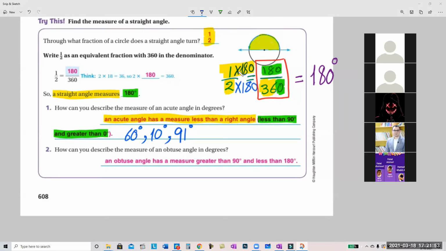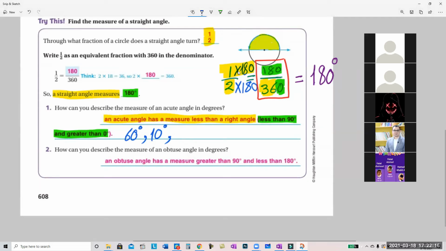Not. Why? Because you said that an acute angle must be less than 90. Excellent. So 91 is greater than 90, so it can't be an acute angle.